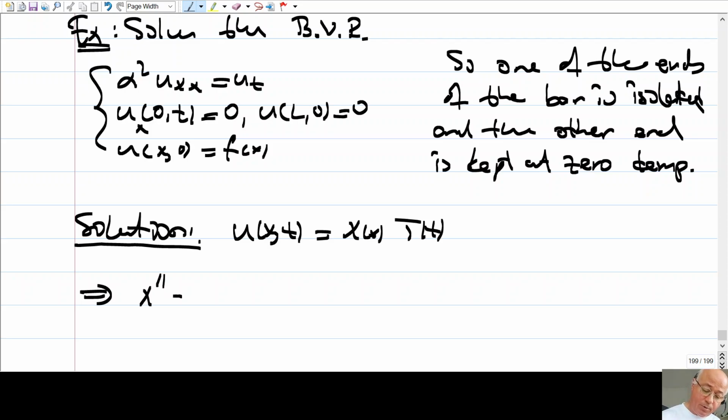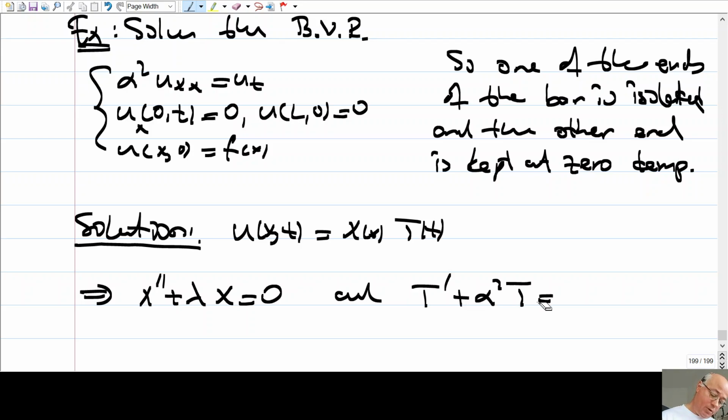So X double prime plus lambda X equals 0 and T prime plus alpha squared lambda T equals 0.